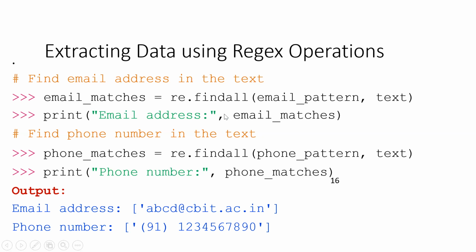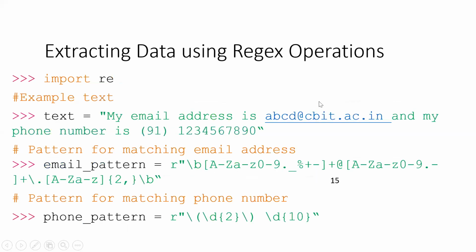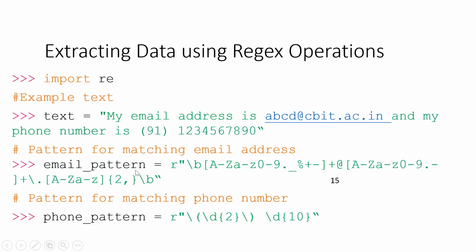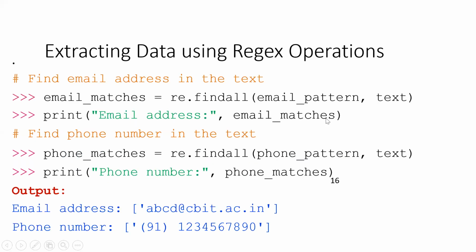Whenever you call this with the pattern and text, the pattern internally goes and matches with the text. If the regular expression matches, it automatically gives the matches you have, abcd@cbit.ac.in, and the phone number. If there is a match, it will give the email address and the phone number.